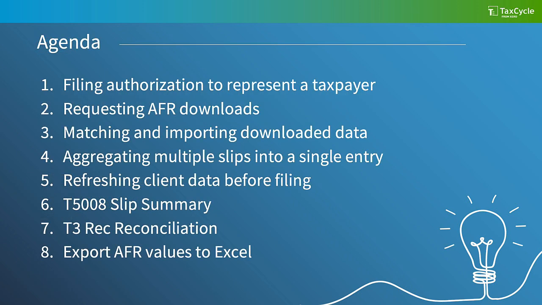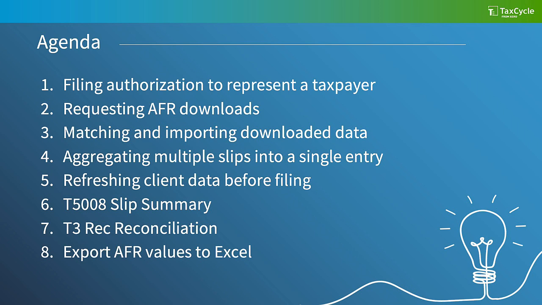Now, our agenda for today, we're going to talk about getting authorization to download AFR data, which is basically the represented taxpayer authorization. We're going to show you how to request your AFR download. We'll show you how to match and import the data that you get. I will show you how to aggregate multiple slips into a single entry.